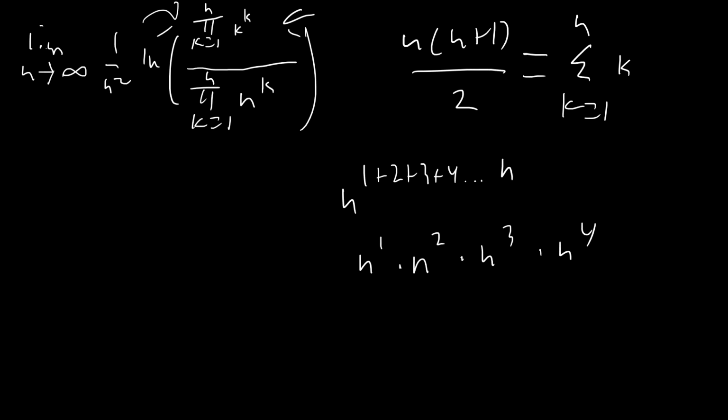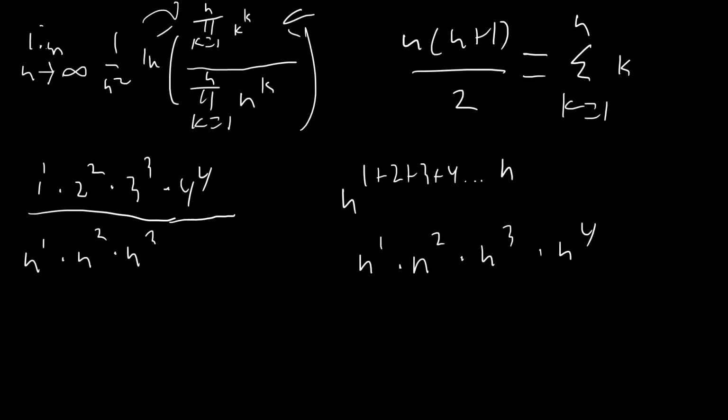And then, as you can see, if we take a look at this inside bit one more time, we're going to have the upper product, which is going to be 1 to the 1 times 2 to the 2 times 3 to the 3 times 4 to the 4 over n to the 1 times n to the 2 times n to the 3 times n to the 4. We can actually just match up these terms and factor out these powers.